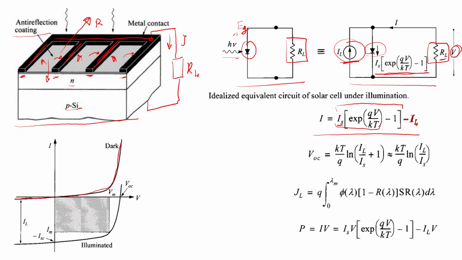What forms reverse current in a p-n junction in the dark when we apply reverse bias? Which charge carriers? So we have a very small reverse current which flows through the p-n junction at reverse bias. When we increase the internal electric field, we enhance drift of minority charge carriers.